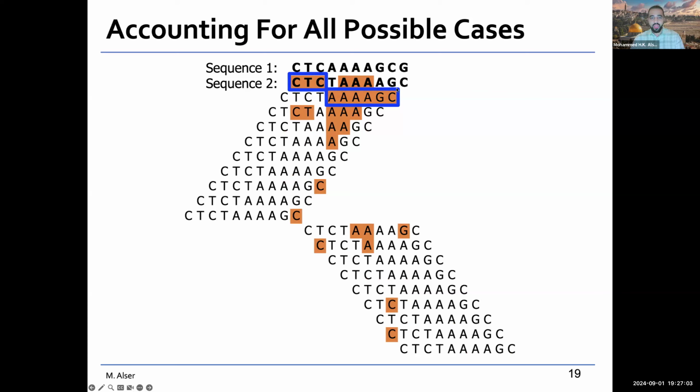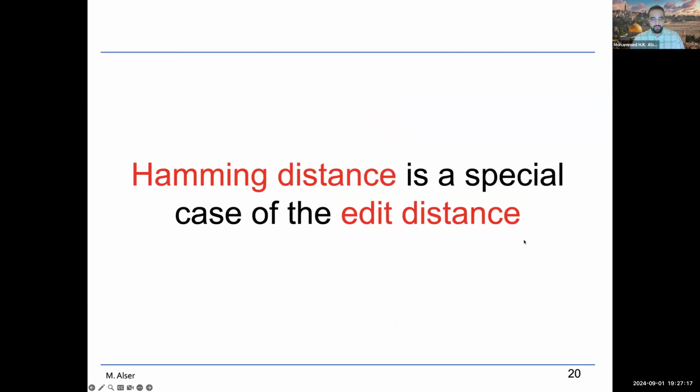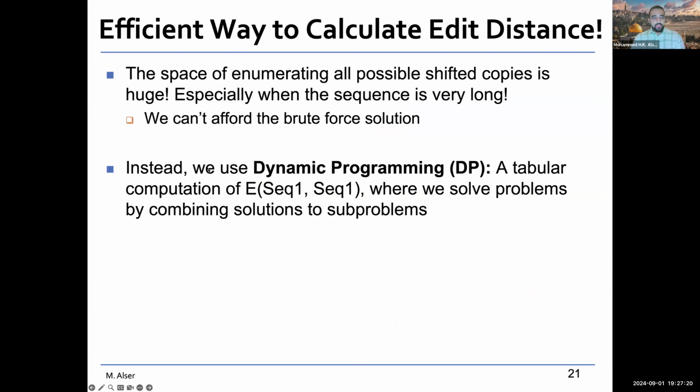That will give you a lot of enumeration over here, about a million shifted copies to the left direction and another million shifted copies to the right direction. That is a lot of calculation involved. So we cannot afford that naive solution or brute force, where we try every single shifted copy of the second sequence and try to match it with the original sequence. That's why we call it brute force.